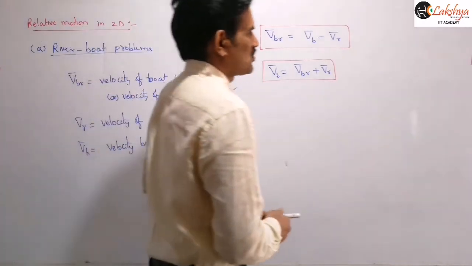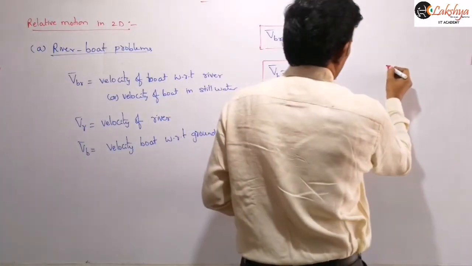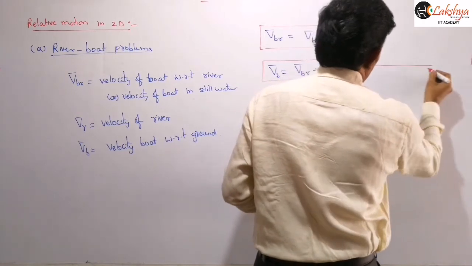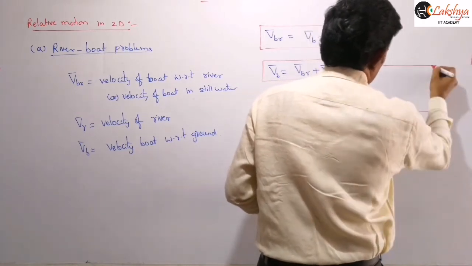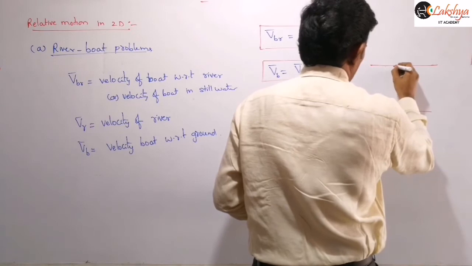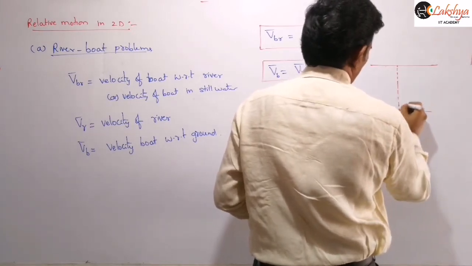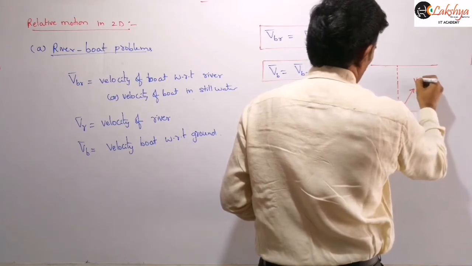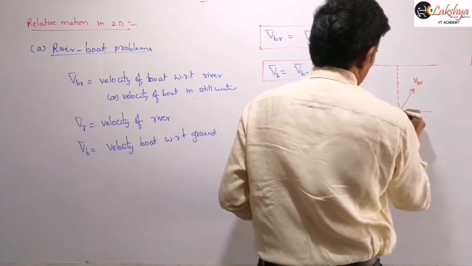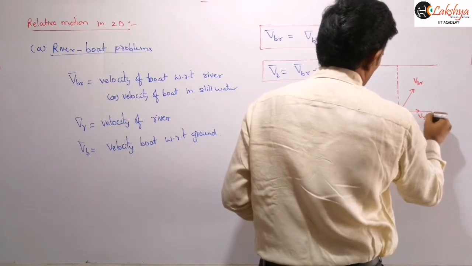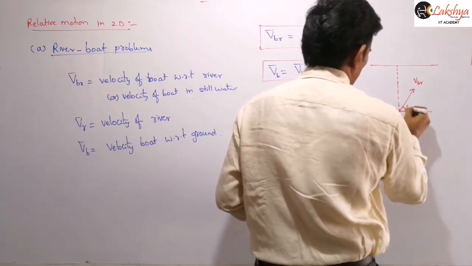That means suppose you are considering a case like this. This is the width of the river, two banks of the river here, and this velocity of boat with respect to water is along this direction and velocity of river is along this direction, which makes some angle theta here.